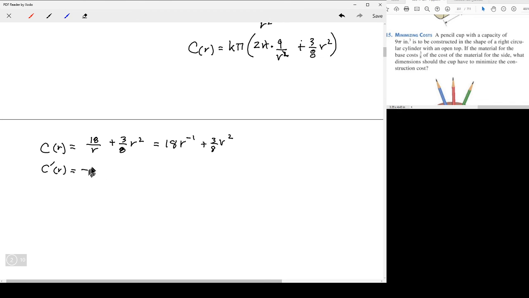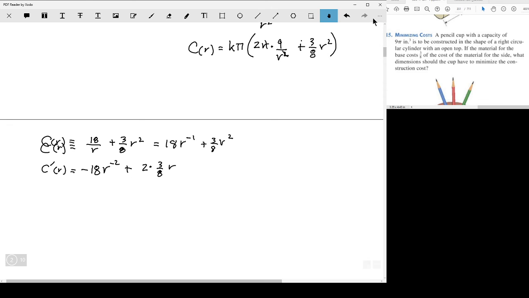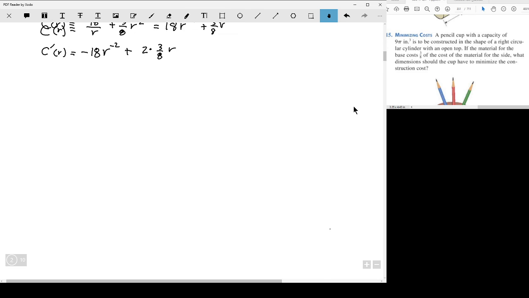All right, so negative 18R to the negative 2 plus, I'll write this down in 2 steps, 2 times 3/8 R. Okay, I'm hoping that I don't lose that when I hit. No, good, I don't. Okay.